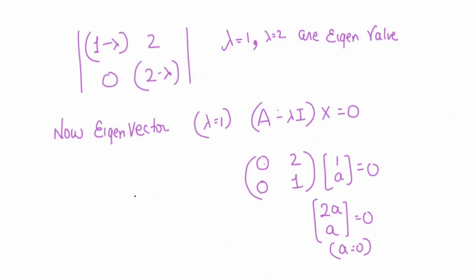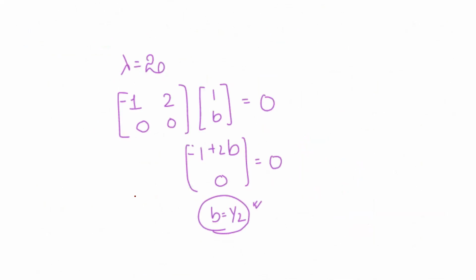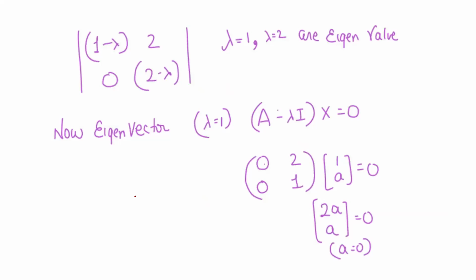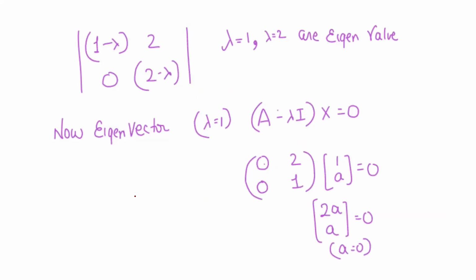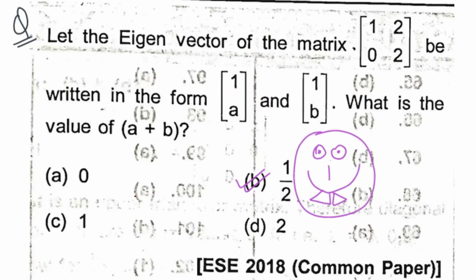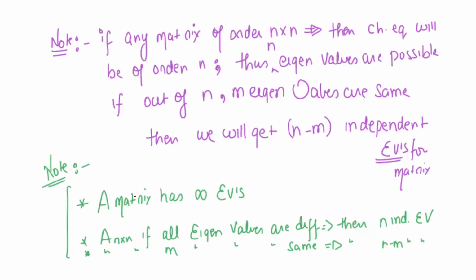For lambda is equal to 1, there is an eigenvector 1, a. So the value of a will come as 0 from here. And again put lambda is equal to 2, then from here you will get b.